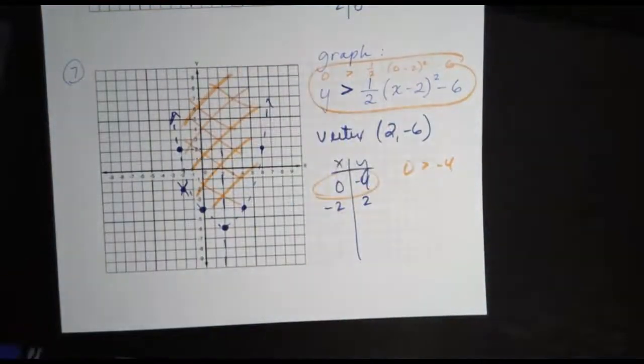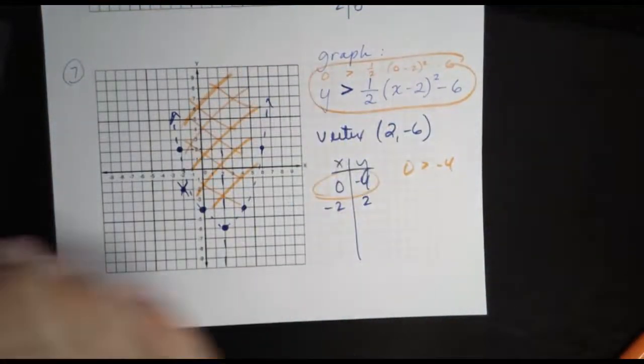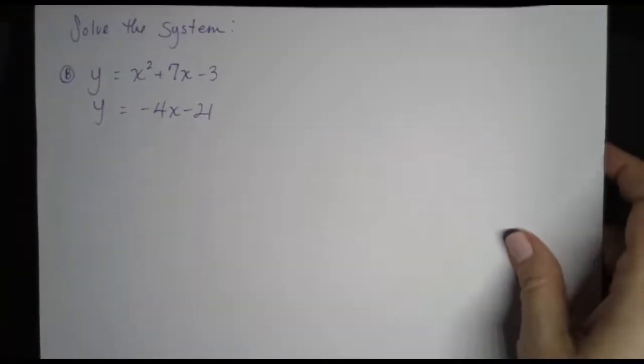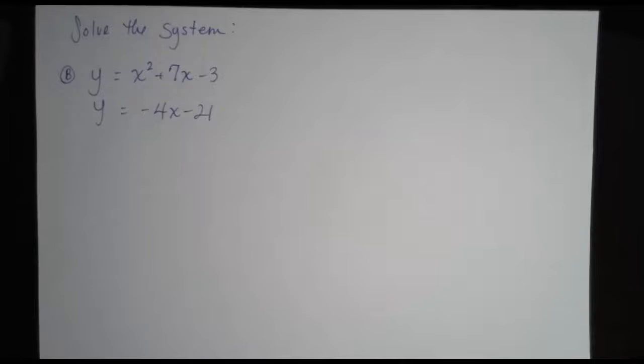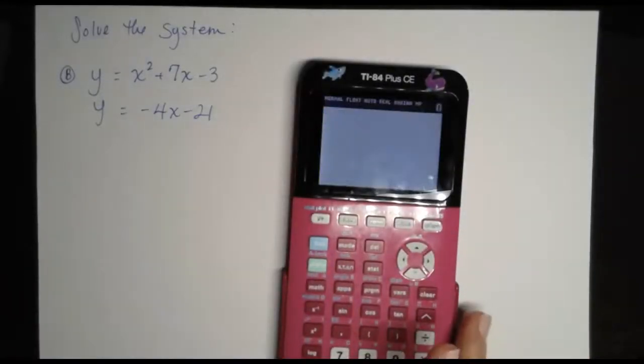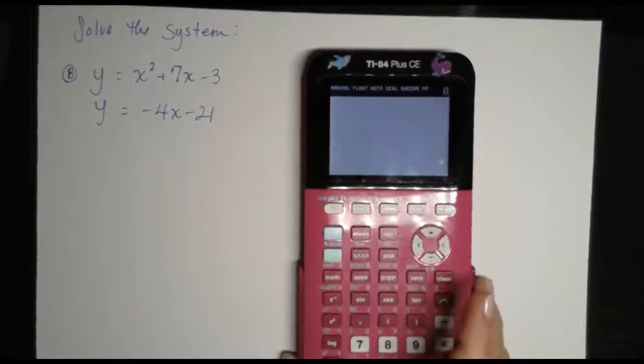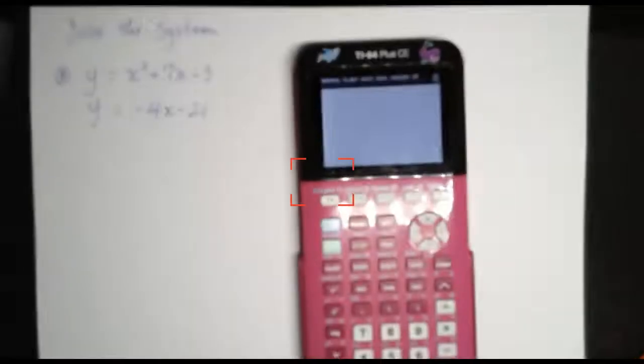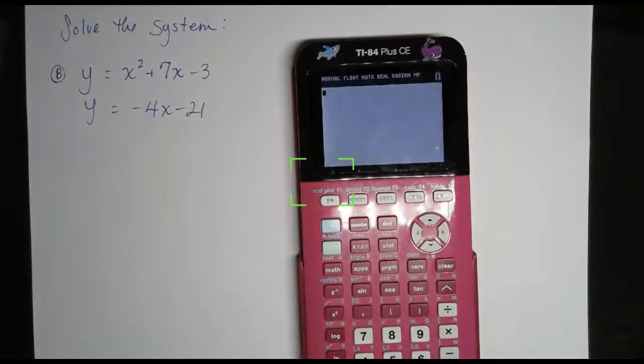So those are the quadratic inequalities. One last question. Let's solve this system. So first thing I wanted to show you is look at the graphs of both of these, and let's see how many solutions we actually have here. There we go.